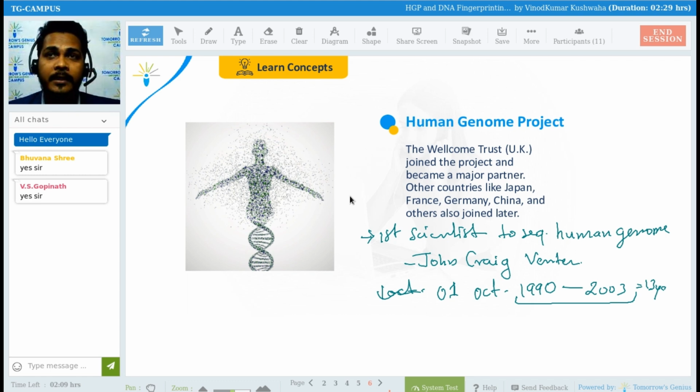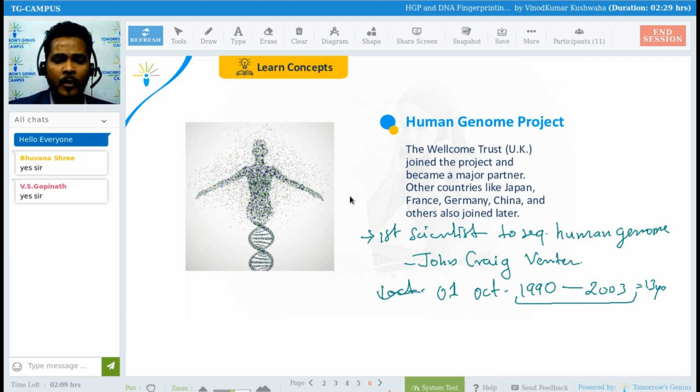At the time of launching this project, the estimated cost was near about 9 billion US dollars. Estimated cost means a range which is not accurate, but while starting any kind of work we have to arrange funds, right? So the cost was estimated near about 9 billion US dollars, and that's why it is called a mega project.